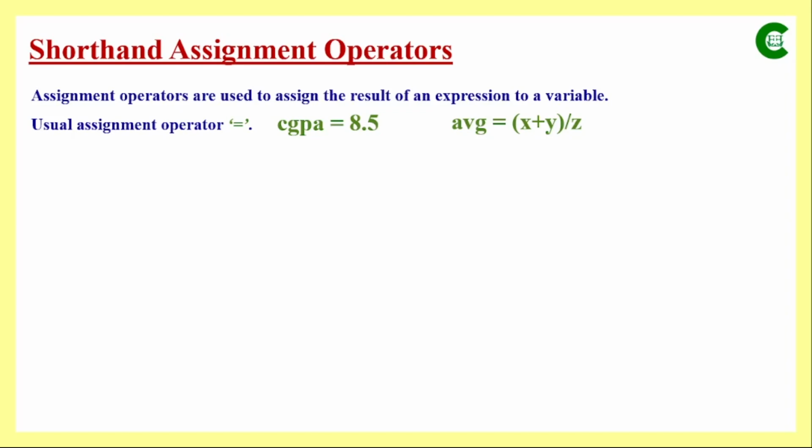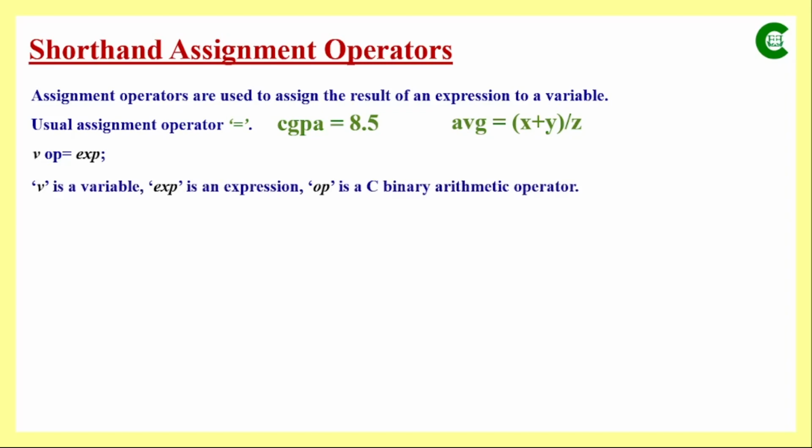But in today's class we will be learning how we can use the shorthand assignment operator. From the name we can understand that this time, when using the assignment operator, the whole statement will be written in short. This is the usual format that we use in case of the shorthand assignment operator, where the small v on the left side stands for a variable, which we have seen in the normal assignment operator also.